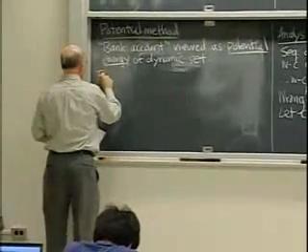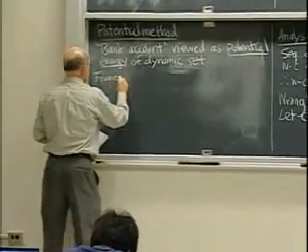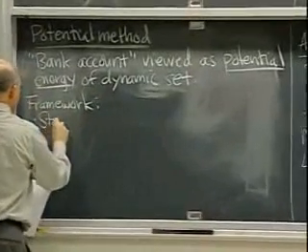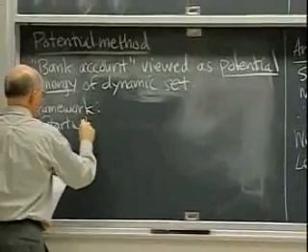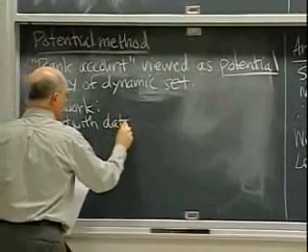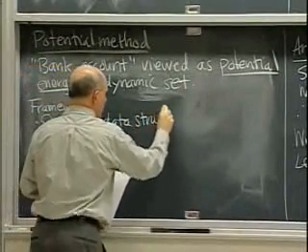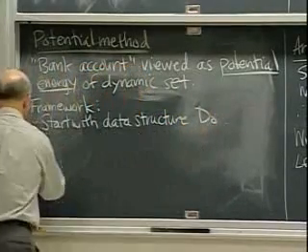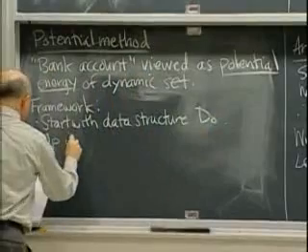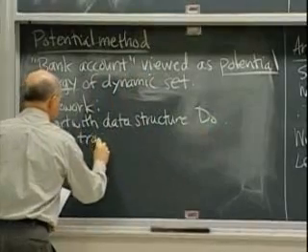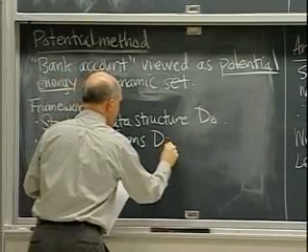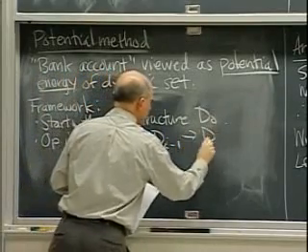So here's the framework for the potential method. We start with some data structure D0, and operation i transforms D_{i-1} into D_i.